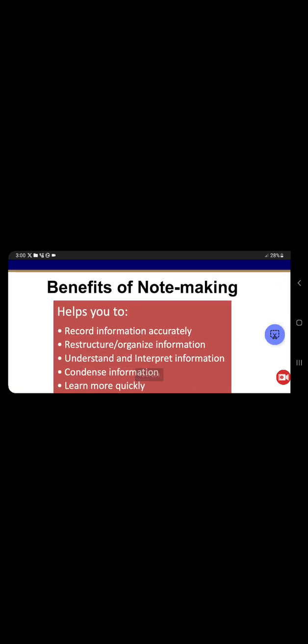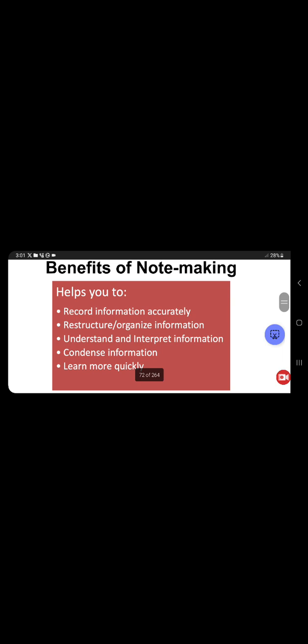And then let's look at the benefits of note making. So one of the benefits is that note making helps us to record information accurately. If I ask two people to come in front of me, one with a note or maybe a presentation on a piece of paper, and one without, which of them do you think will deliver?